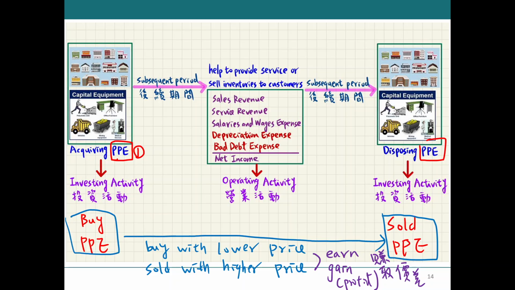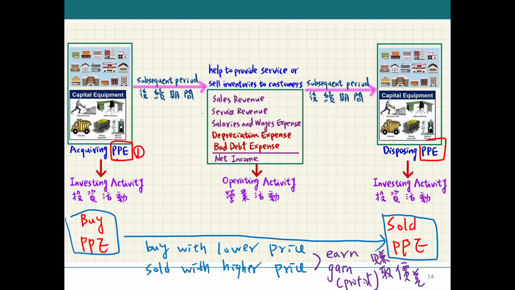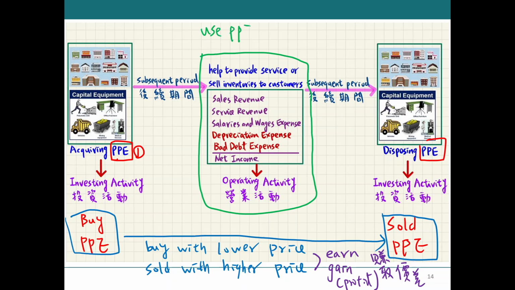This is the whole process when you use the PPE to do operating activities.